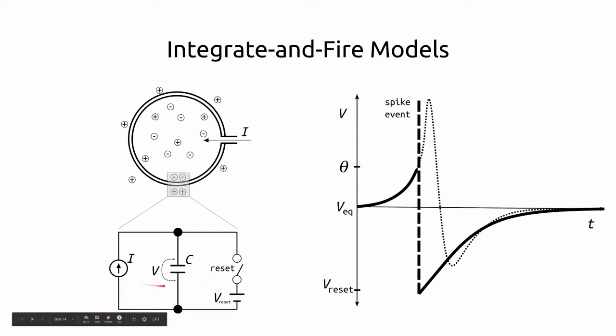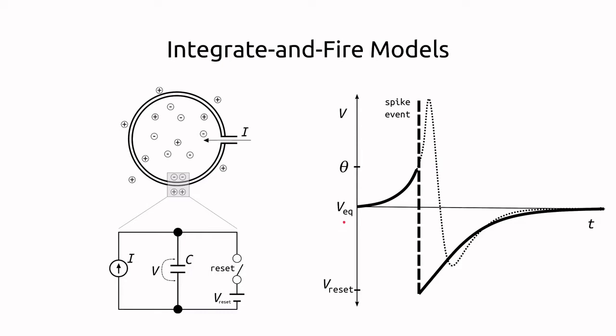When we model something as a capacitor, the rate of change of voltage as a function of time is equal to 1 over the capacitance times the current passing through the capacitor. In this way, the capacitor integrates all the currents coming into the cell, and the input currents would be the stimulus, possibly processed by the synapse model.